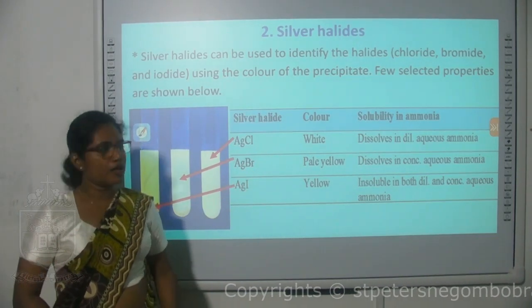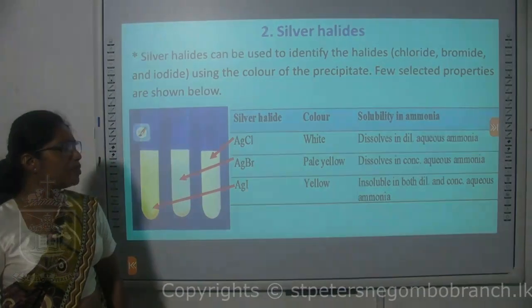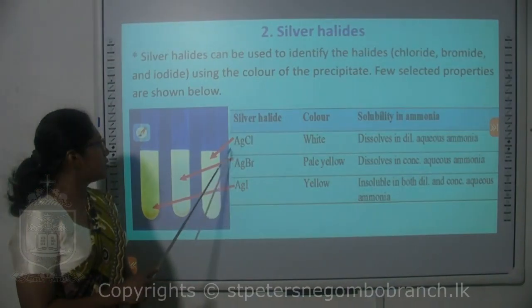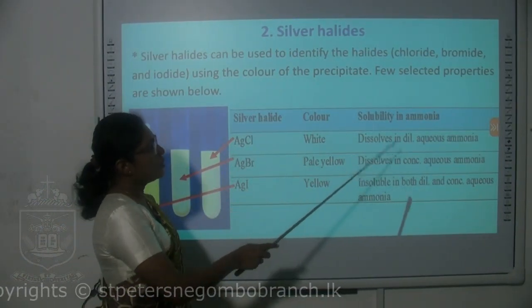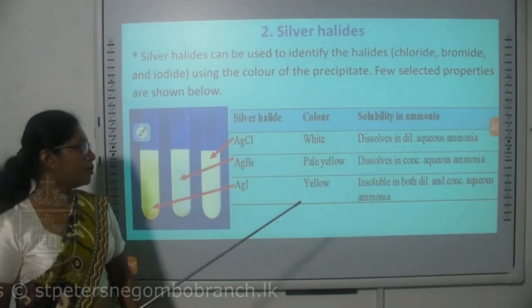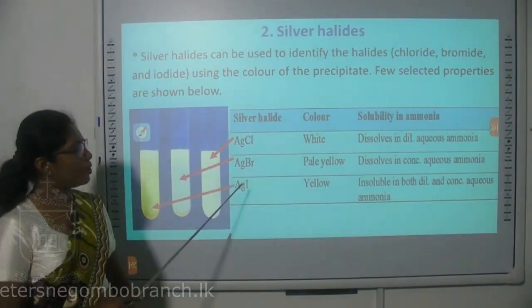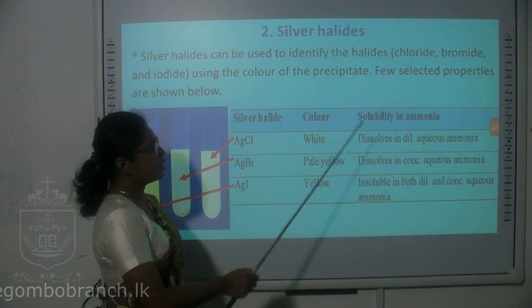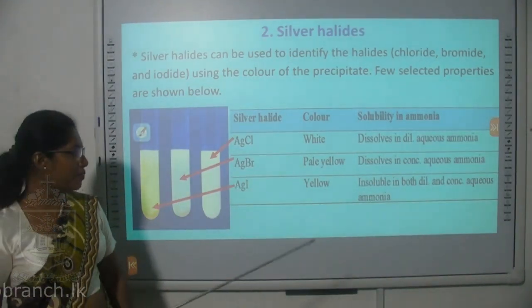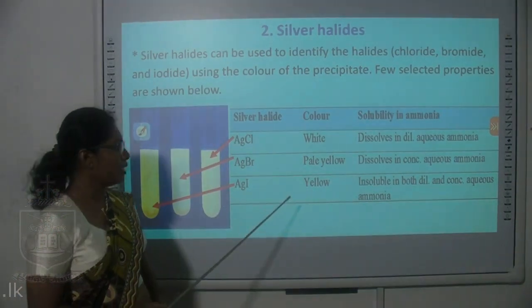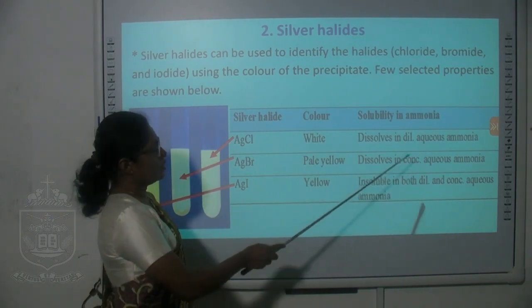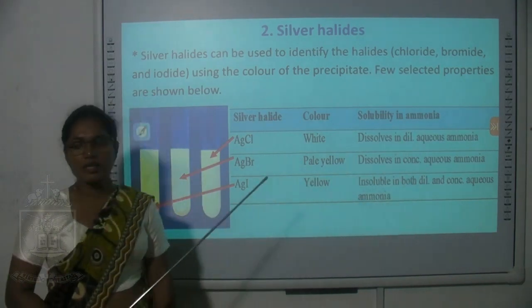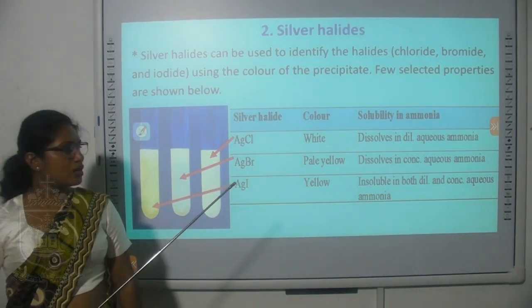And when we dissolve them in ammonia, silver chloride dissolves in dilute aqueous ammonia, but silver bromide dissolves in concentrated aqueous ammonia, and silver iodide does not dissolve in either dilute or concentrated aqueous ammonia.